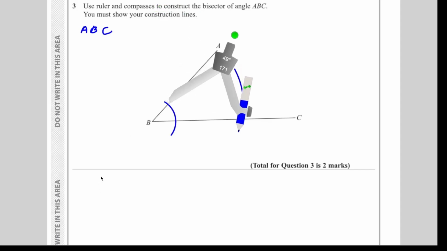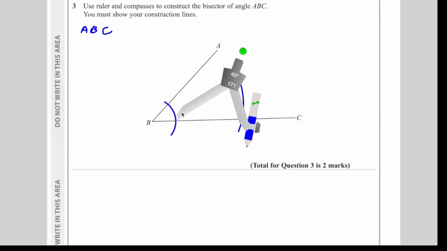Draw another arc. Now you can't change the radius. If you change the radius, you won't get it bisected exactly. So let's place this needle exactly where this arc intersects with this line. After that, draw another arc.